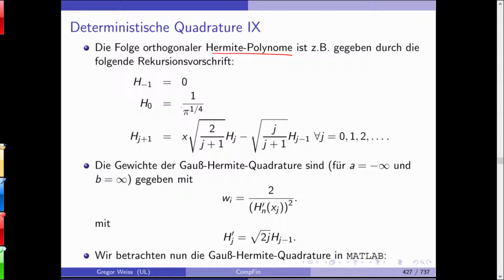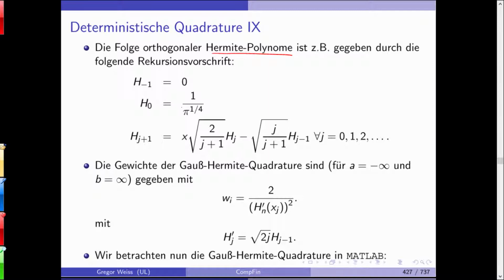It works like this. You are not defining these polynomials in an explicit way, but you're simply giving the rule with which you can construct the next set of polynomials. So for example, you start with h minus 1 equal to 0, and h0 equal to 1 over the fourth root of pi.